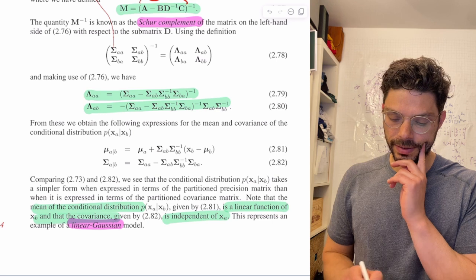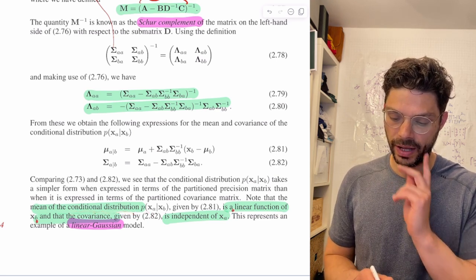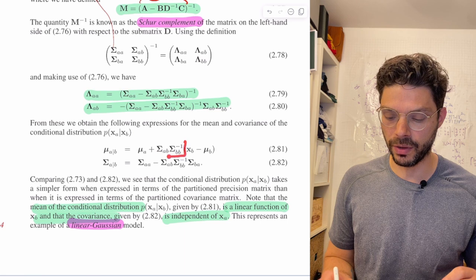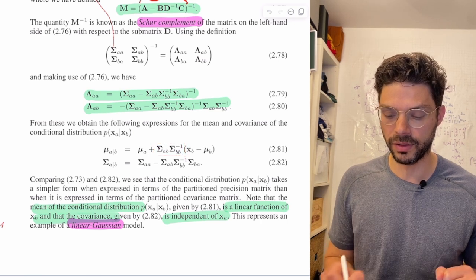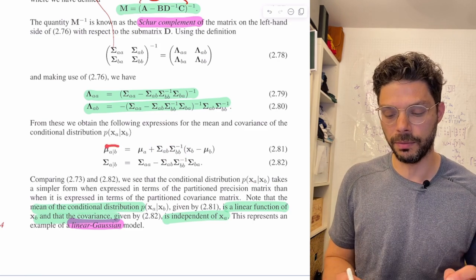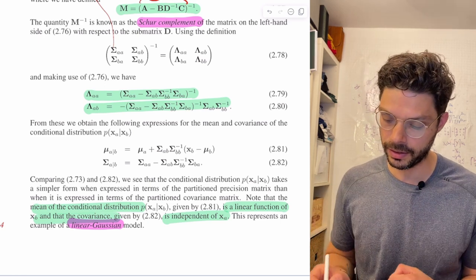And the final point is that the mean of the conditional distribution P of xa given xb is a linear function of xb. So this is very cool, right? If you have these expressions and you get a new xb, your update to your mean after observing xb is just linear, which makes your life a lot easier.